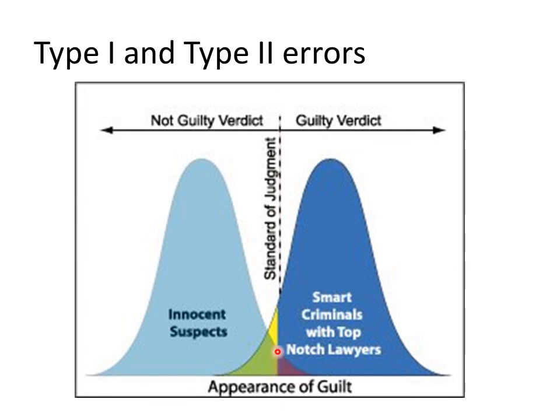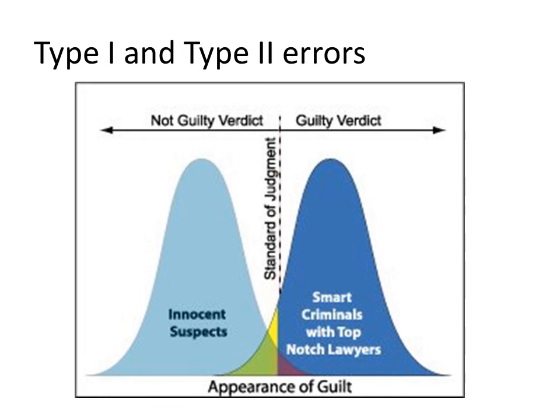That is, that would be those type 1 errors. On the other hand, here are the criminals. It says the smart criminals with top-notch lawyers. The ones of them that fall on the left-hand side of this, that is, that get a not guilty verdict, well, they also got it wrong, and that's going to be a type 2 error.